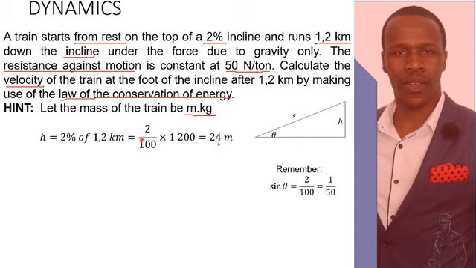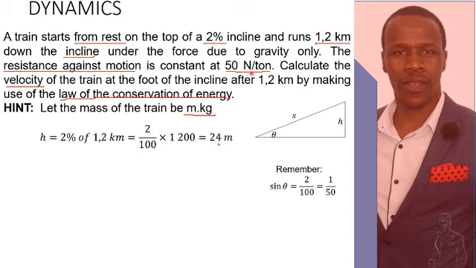So therefore our H turns out to be 24 meters. All right, that's what we have with H. The next thing that we can deal with now is this FR. We have dealt with 1.2. We know that it's an incline, and we know that the resistance against motion is this.